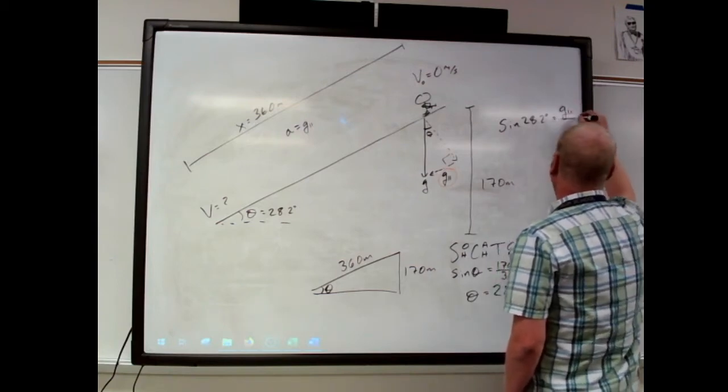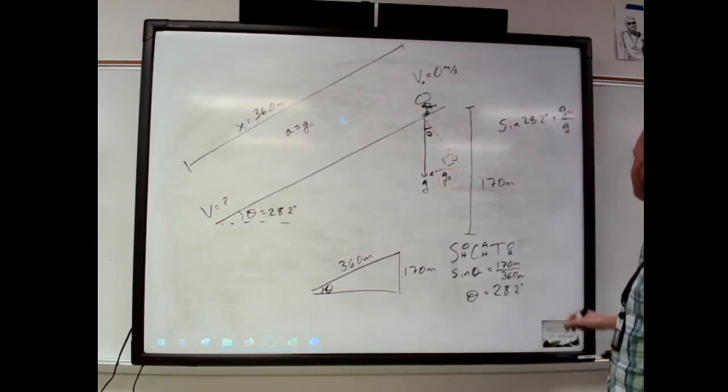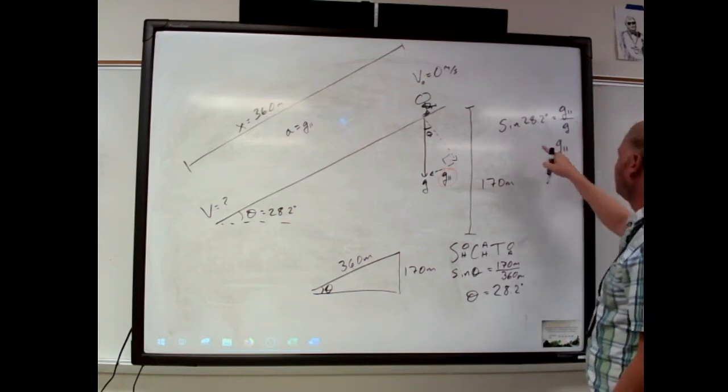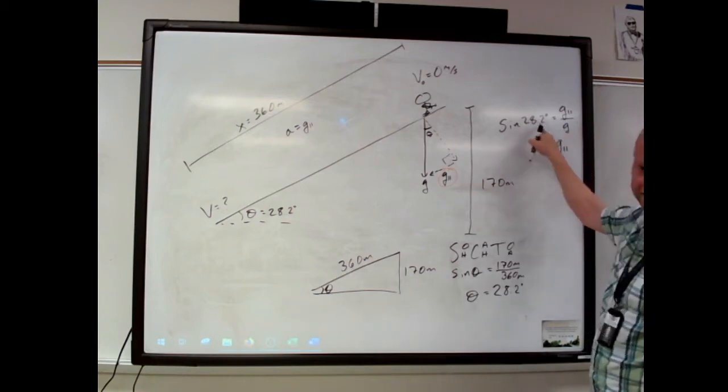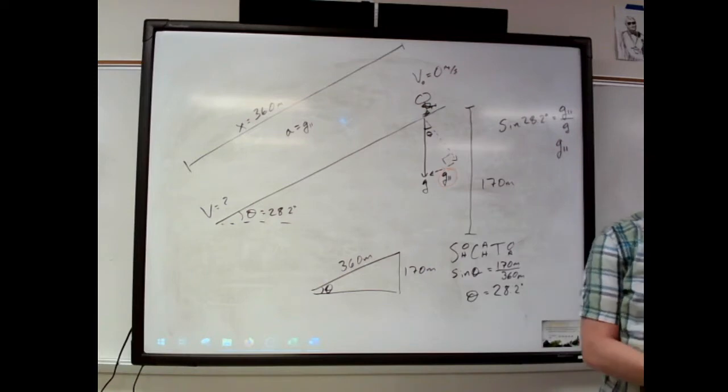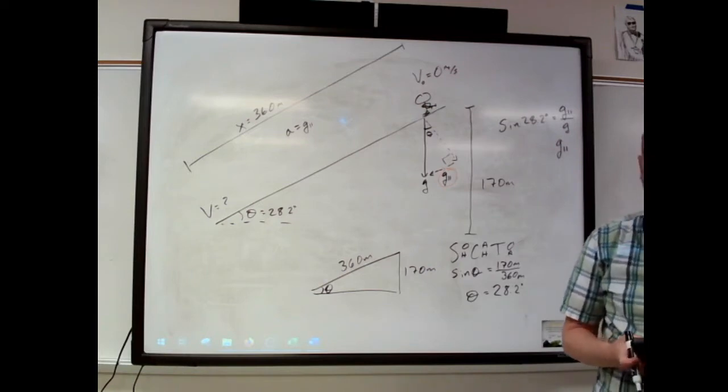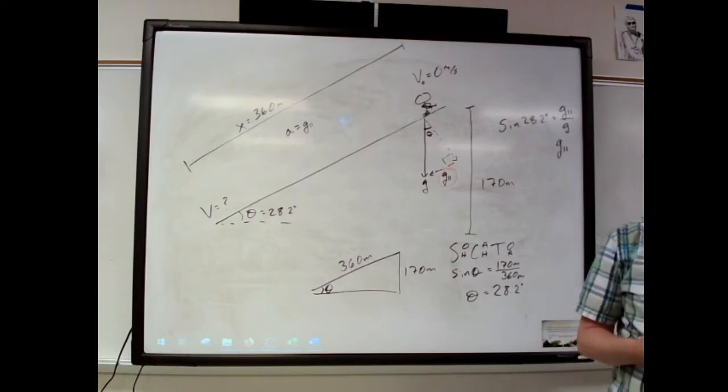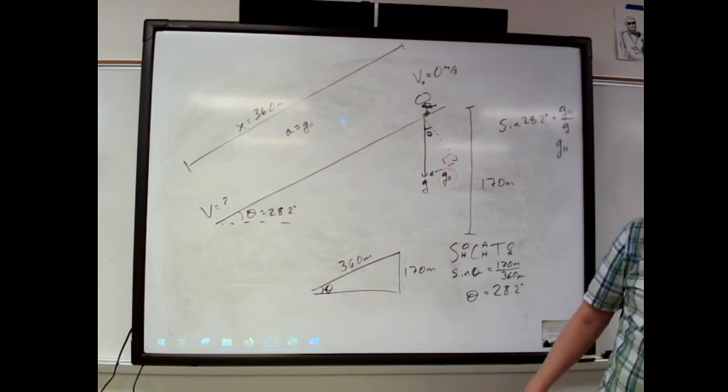So opposite over hypotenuse. So g parallel would be 9.8 times the sine of 28.2. So sine of 28.2 times 9.8 gives us an acceleration of 4.63.